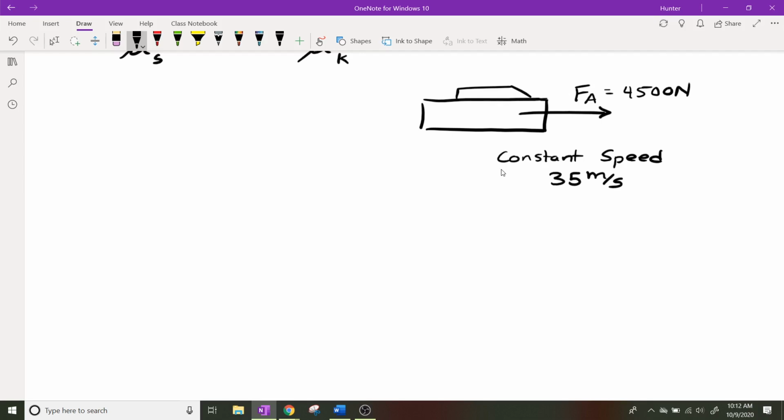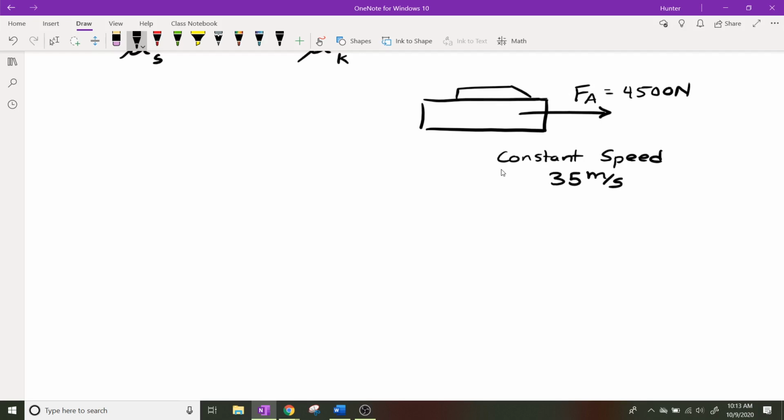I don't know, what's a decent mass for a car? Think about it. What's a decent mass for a car? A ton? Okay, what is a ton in mass? That is right.